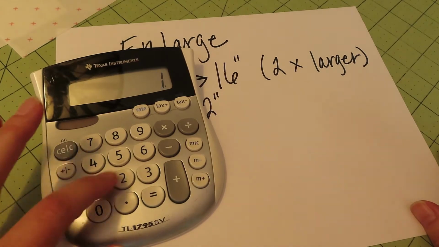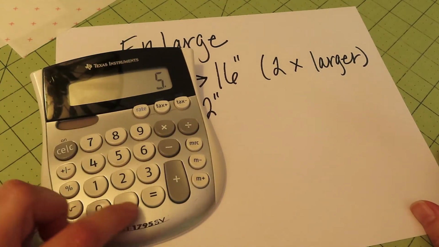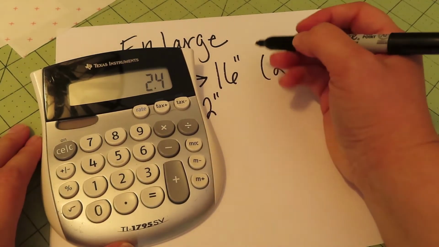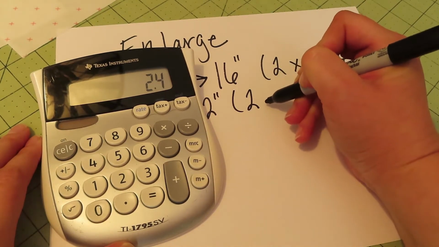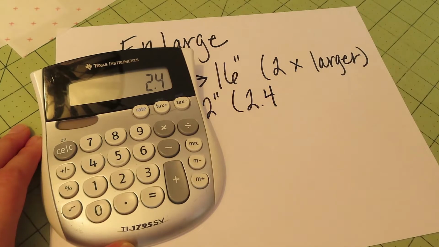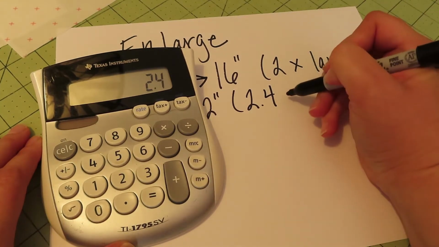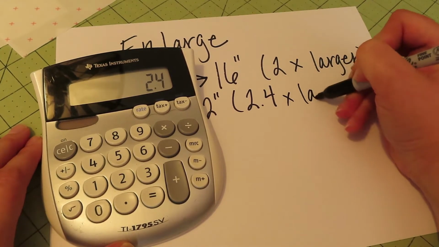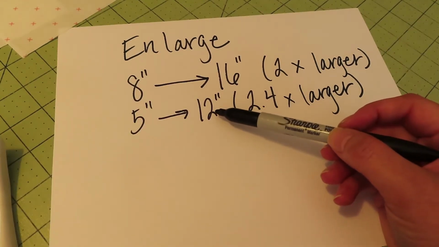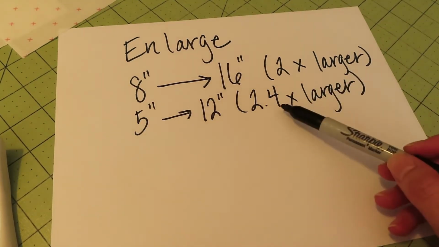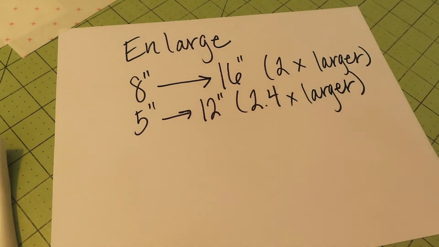So I'd do 12 divided by 5. And it would be 2 and 4/10, or just 2.4, because that's what you'll use on the calculator. 4/10 times larger. Okay, so whatever you do, just take the larger size divided by the smaller, and that tells you how many times larger it is.